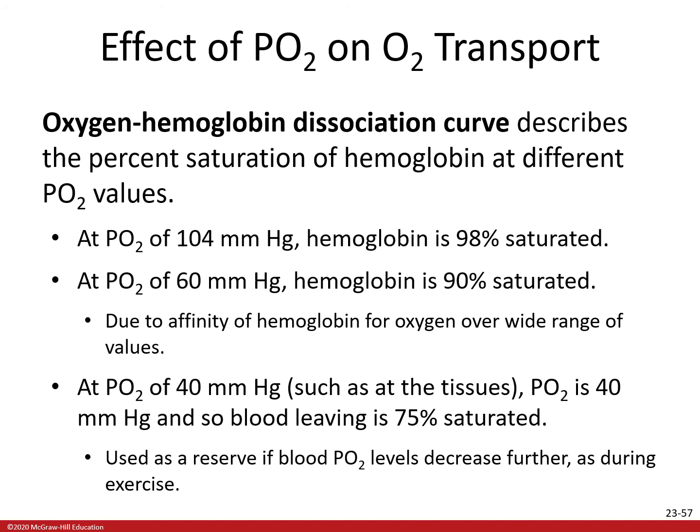It's still at 90. So due to an affinity, or if instead of affinity you want to think attraction, of hemoglobin for oxygen, because hemoglobin has a big crush on oxygen, if you want to think of it that way, it will take as much oxygen as it can, no matter what, essentially. So due to that attraction of hemoglobin for oxygen over a wide range of values, that saturation level is not going to change very much.